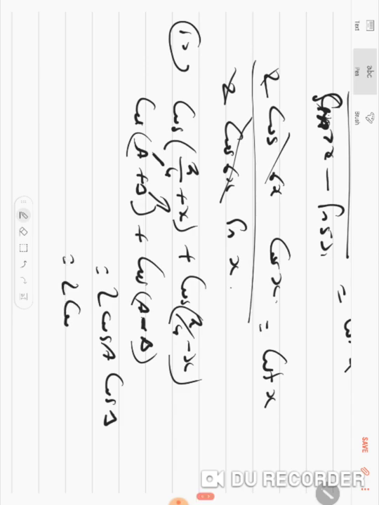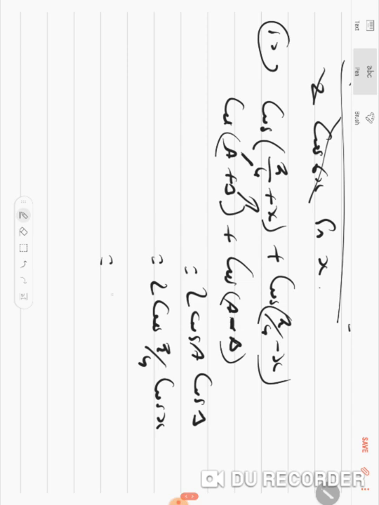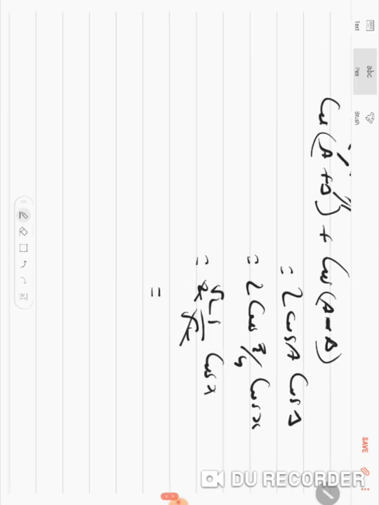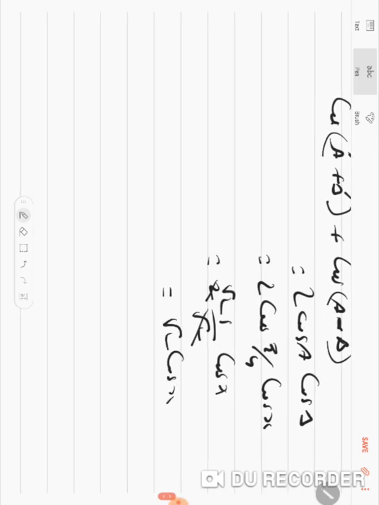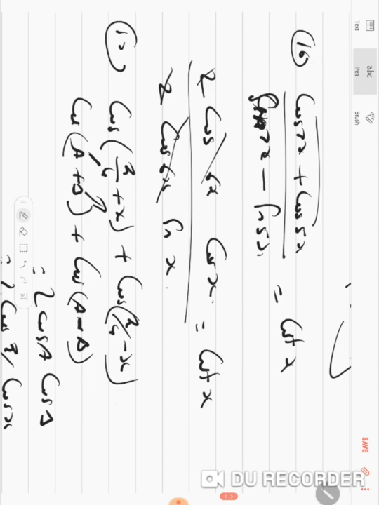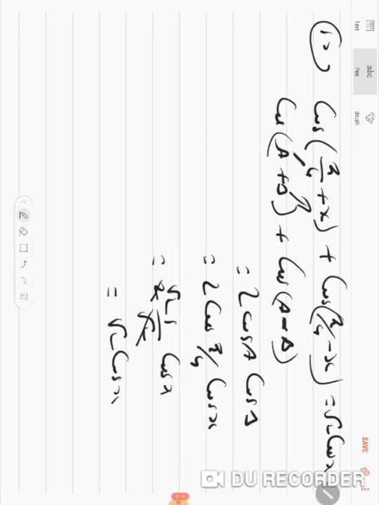So 2 cos pi by 4 cos x. What is cos pi by 4? Cos 45, which is 1 by root 2, into cos x. Root 2 and the 2 get cancelled. So root 2 cos x will be your right hand side. Is that what you need to prove? Yes, you have to prove this to be equal to root 2 cos x, and it's been proved.